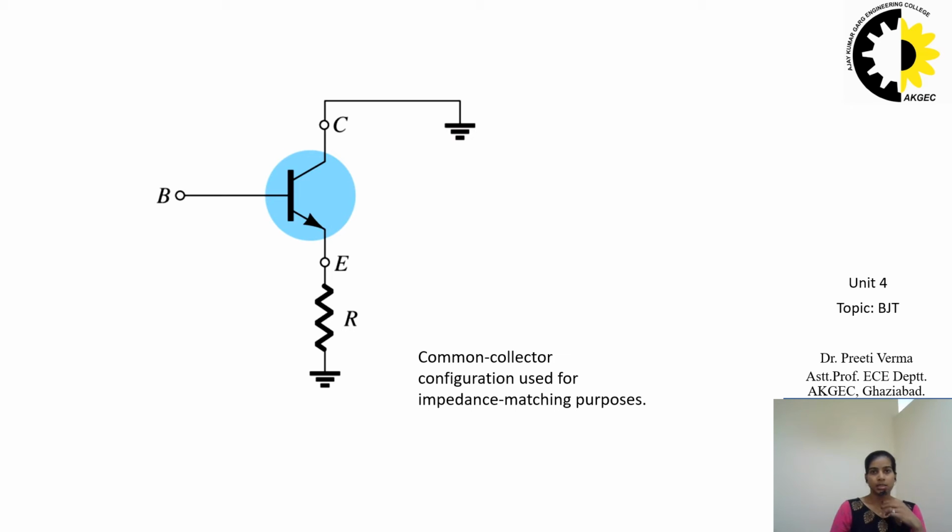A common collector circuit configuration is provided in the figure with the load resistance connected from emitter to ground. Note that the collector is tied to the ground even though the transistor is connected in a manner similar to the common emitter configuration. From a design viewpoint, there is no need for a set of common collector characteristics to choose the parameters of the circuit of the figure.